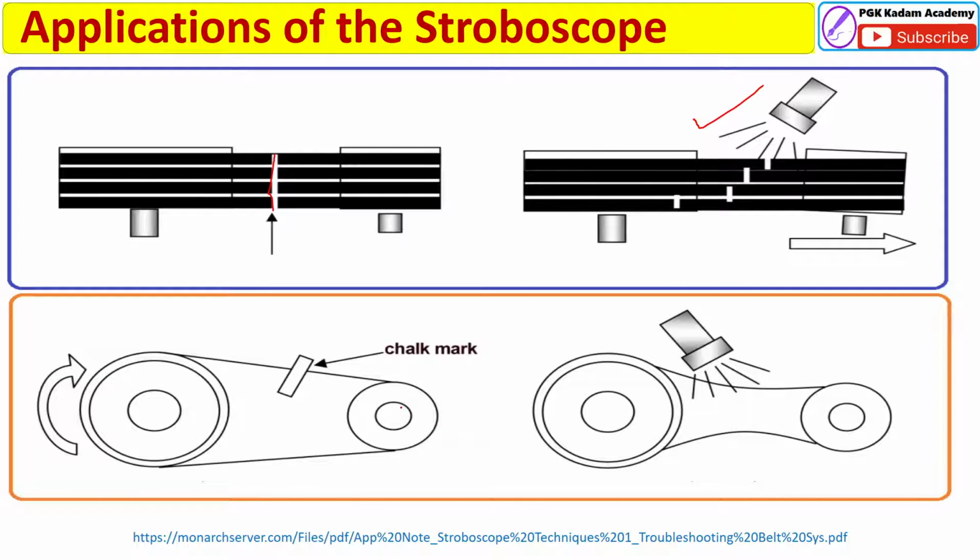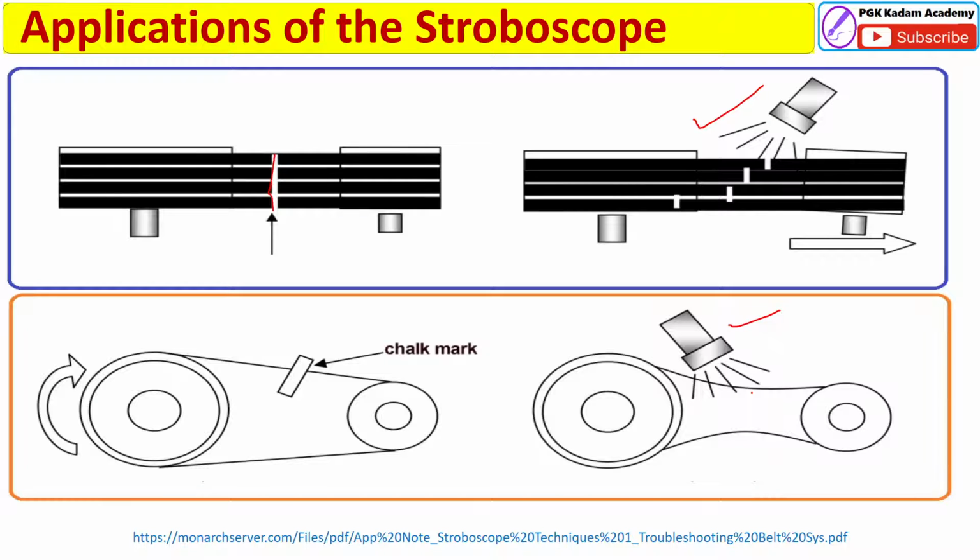Similarly, in this diagram you can see, if we make a chalk mark on this belt drive, it is rotating in the clockwise direction, and here the stroboscope is there. What is the function of the stroboscope here? As the machine runs, tune to the running speed, slightly detune the stroboscope and view the belt profile.